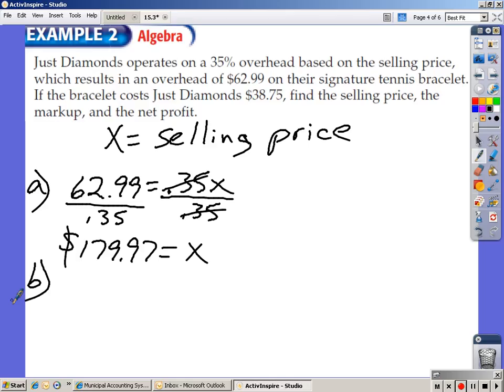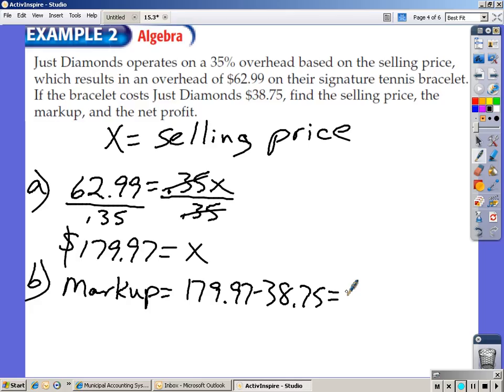Part B asks us to find the markup. The way you find your markup is you take your selling price, which is $179.97, minus your cost. Bracelet costs $38.75. Pretty big markup on this. Plug it in the calculator, and you should get a markup of $141.22. Okay?